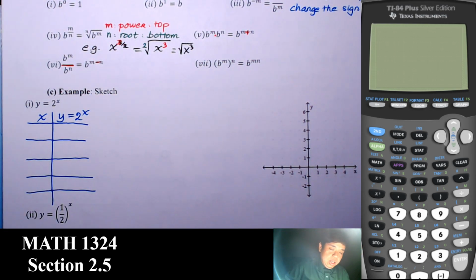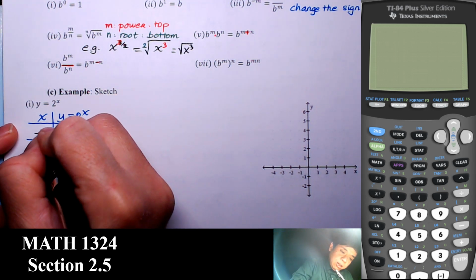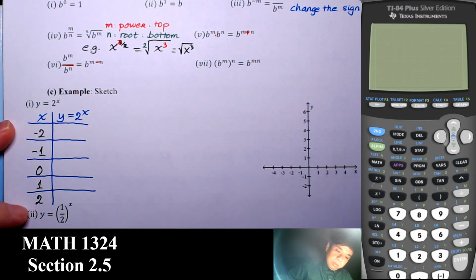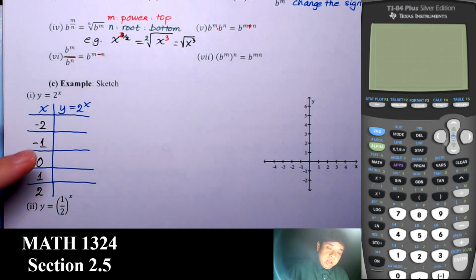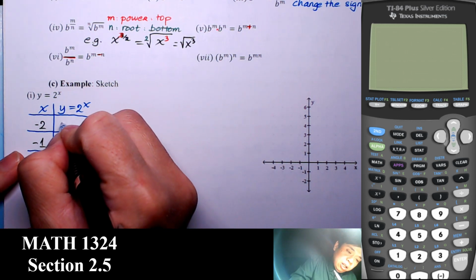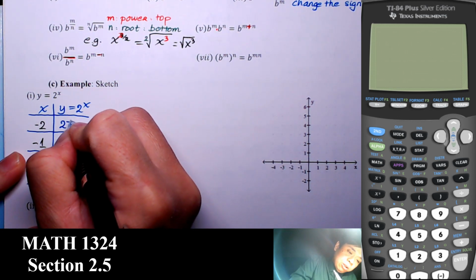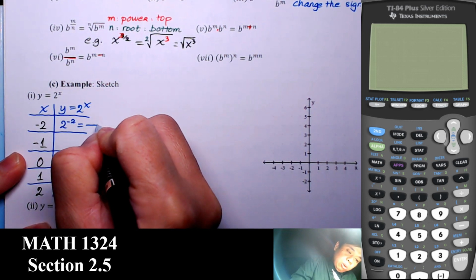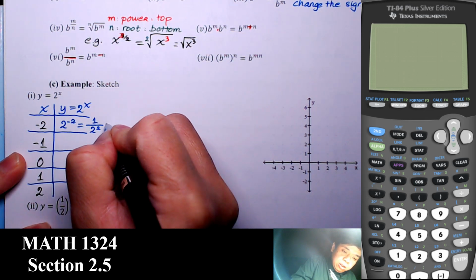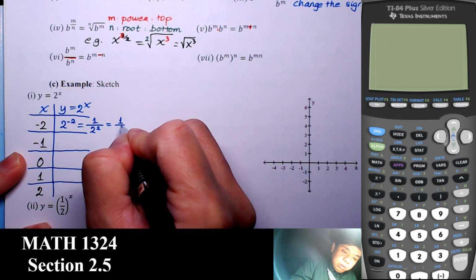Let's do some values like -2, -1, 0, 1, and 2. Now substitute this into x. 2 to the -2. So we said a negative exponent moves to the bottom and turns positive. That would be 1/4.